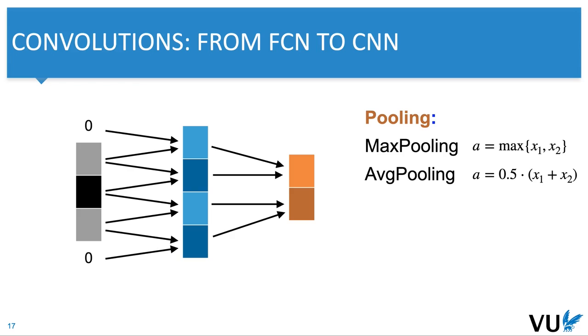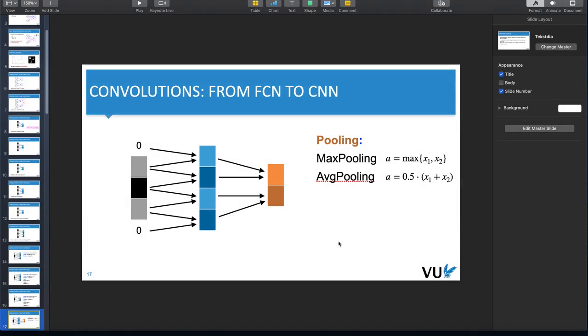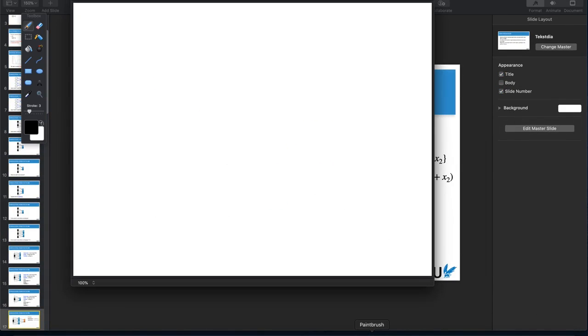And the pooling layer is important because we can be locally invariant to some changes. Okay, what does it mean? It means that if we pick max or average, let me go to Paintbrush.